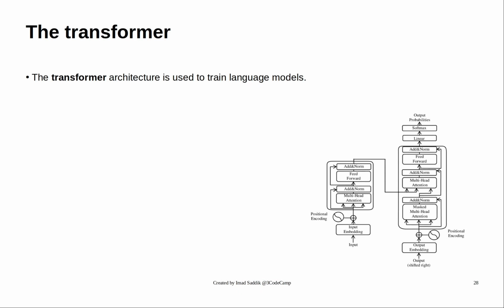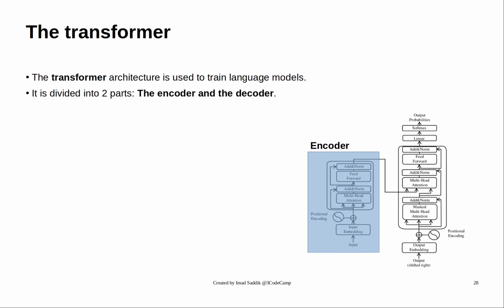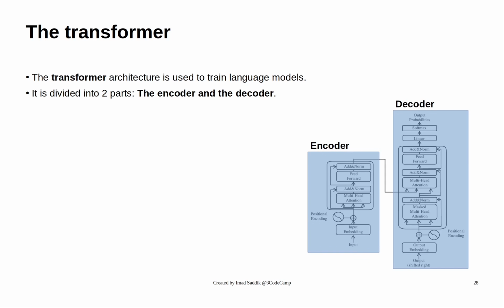The transformer architecture is used to train language models, and it is divided into two parts. We have the encoder and the decoder. For tasks like machine translation, we use both parts.